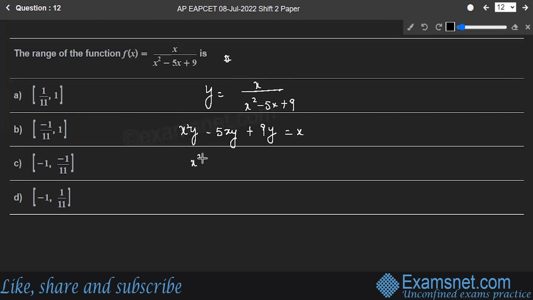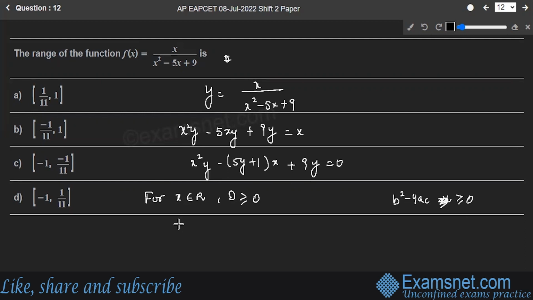This will give me y x square minus (5y plus 1) x plus 9y is equal to 0. For x belonging to the real numbers, the discriminant should be greater than or equal to 0. That means b square minus 4ac should be greater than or equal to 0.